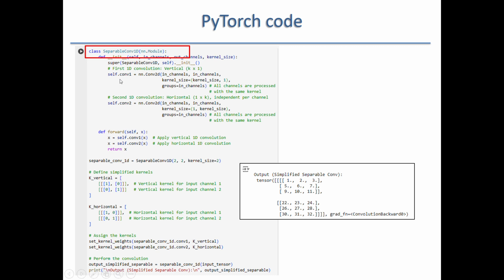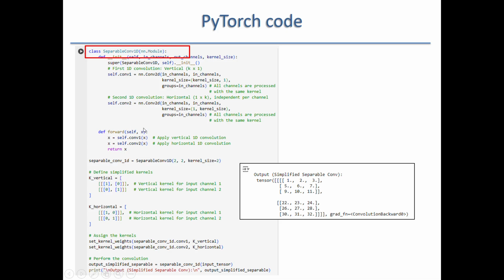So we will now have two layers. One is the vertical convolution, which has the number of input channels and the kernel size, that is 1D, and we have to group by in channels. This means all channels are processed with the same kernel. Then the horizontal convolution, and you see how we do it in two steps.